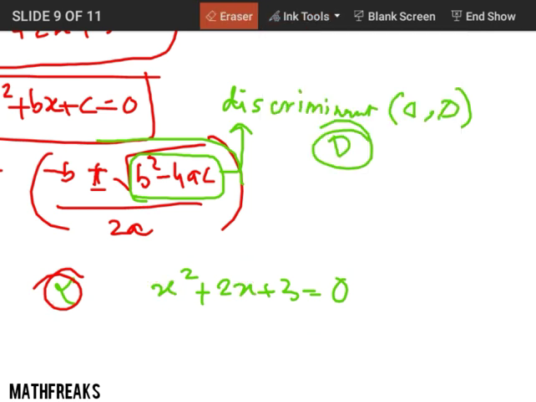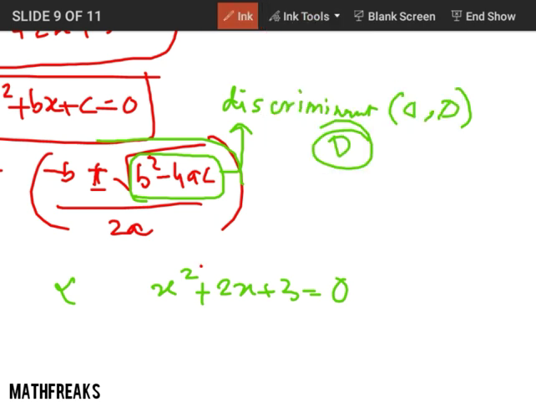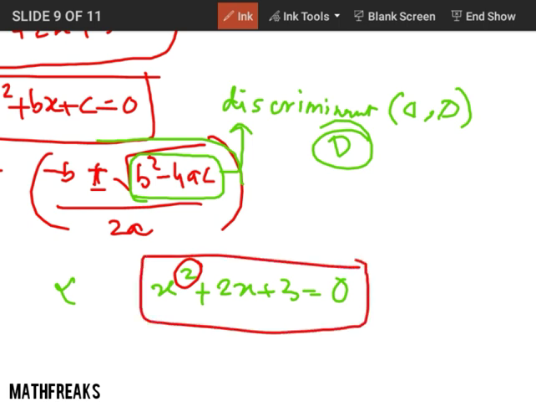So the number of roots is equal to the degree of the expression. See, this is a quadratic equation whose degree is 2. So this equation will have 2 roots. All the quadratic equations will have 2 roots.